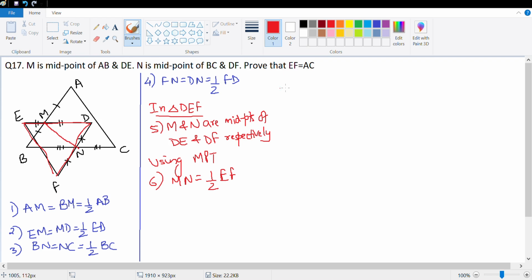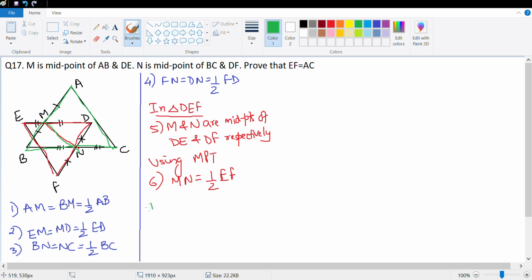Perfect. Now let's look at the other triangle, which is the big triangle ABC. So in triangle ABC, am I joining any midpoints? Yes, again I am joining M and N, which is the midpoint of AB and BC.